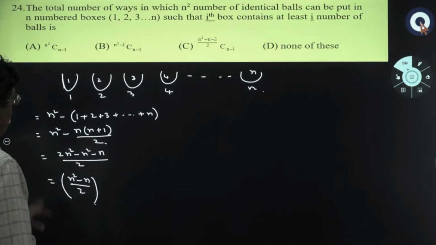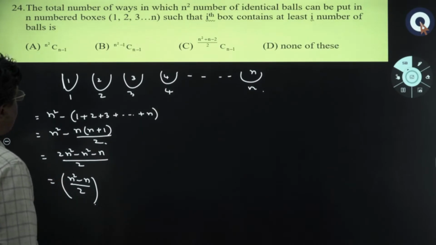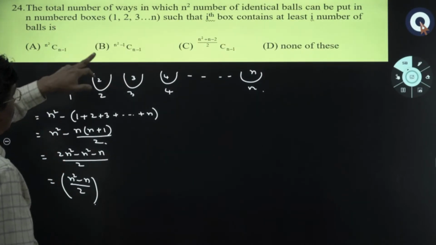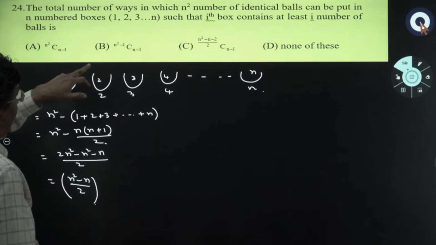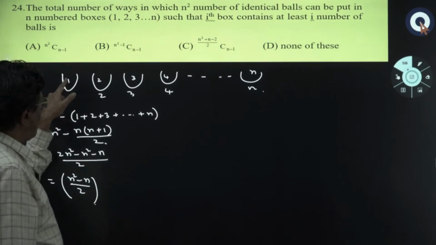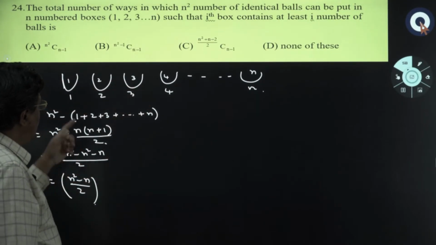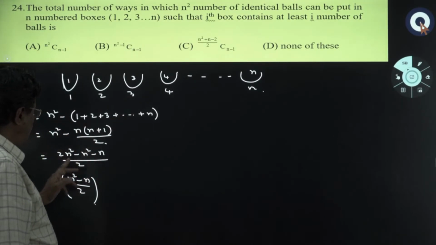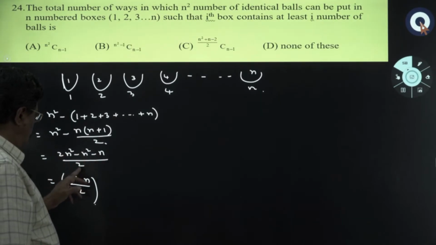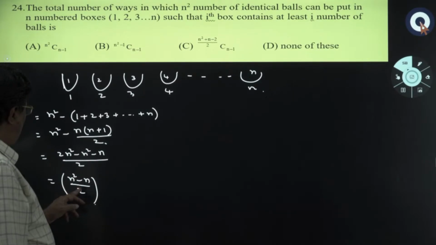These (n square minus n)/2 balls can be distributed in whatever way you want. Out of n square balls, each can be put in n numbered boxes such that the ith box contains at least i balls. So first we put the minimum balls, 1, 2, 3, 4 etc. up to n. That means n(n+1)/2 are gone. So 2n square minus (n square plus n) over 2, which is (n square minus n)/2, are left.